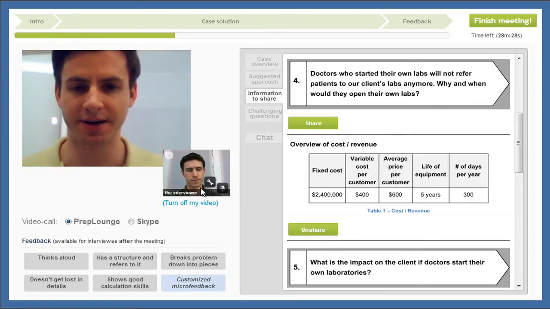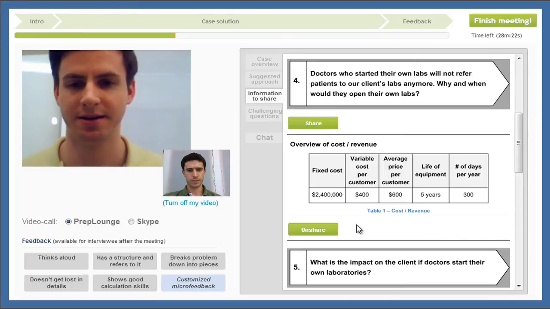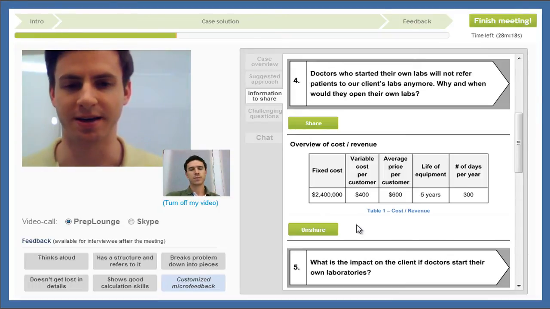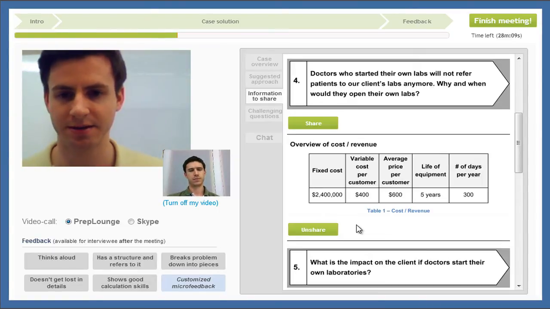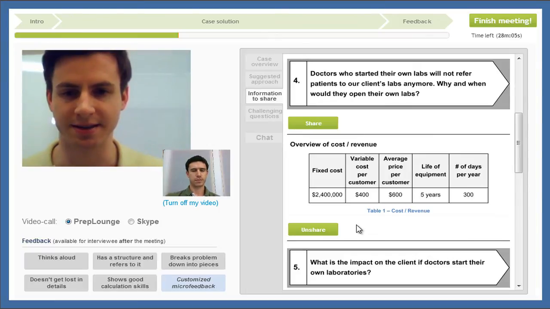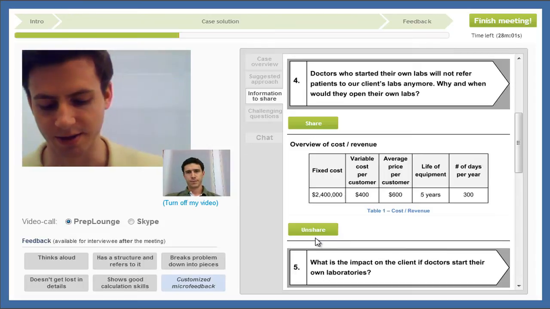Well, right now we're talking 5 years, because the entire period, and then we can split that down to days. Okay. For right now, I've got this equation: 2.4 million plus 200x plus 400x equals 600x. And now let me just solve this for x.